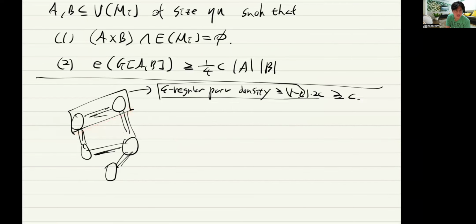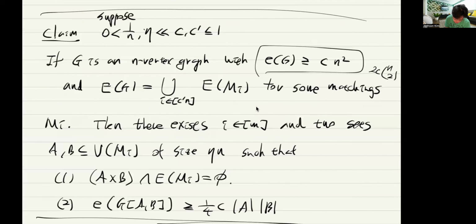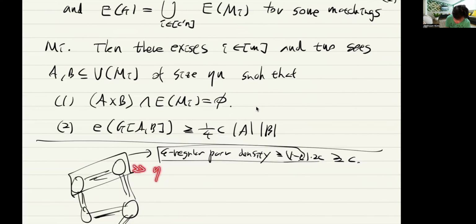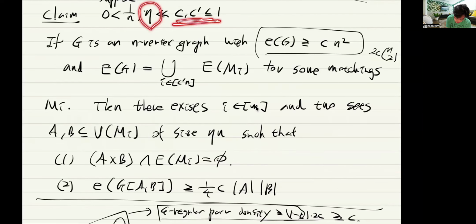And once we have this, then what? This set has size much bigger than eta n. So this set size is like at least 1 over epsilon times eta n. Why? Eta is much smaller than c and c prime, and you choose epsilon so that epsilon is smaller than c and c prime. And then this is much smaller than, say, 1 over t, and then much smaller than eta. So you can write it this way, and then make sure that the number of parts you have is at most t.